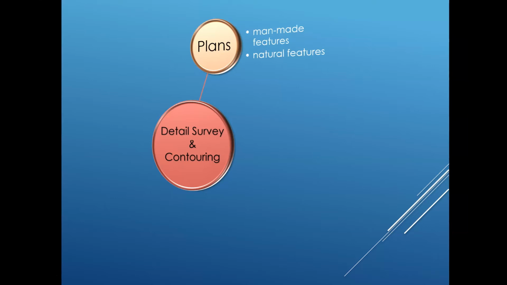Details like roads, houses, public utilities, telephone poles, electric poles, those are man-made. Whereas natural features will be the rivers, the contours, the trees. So that's what we are looking at, producing a plan that contains man-made features as well as natural features.